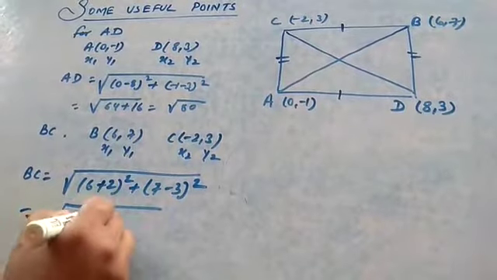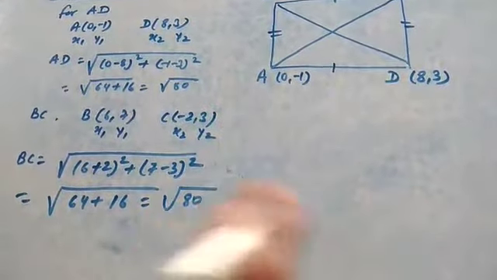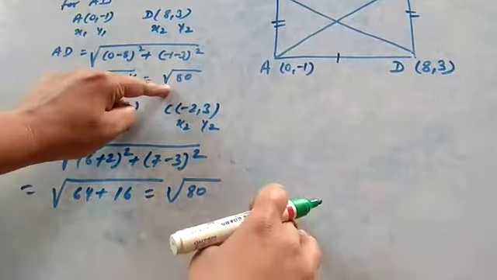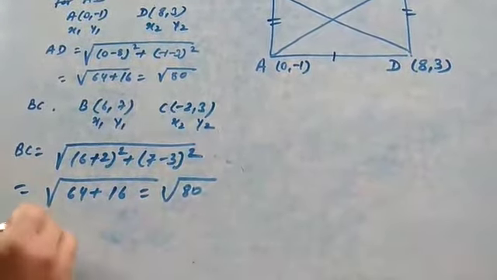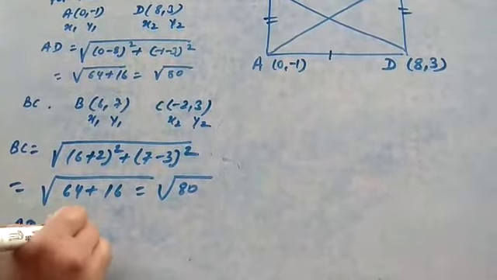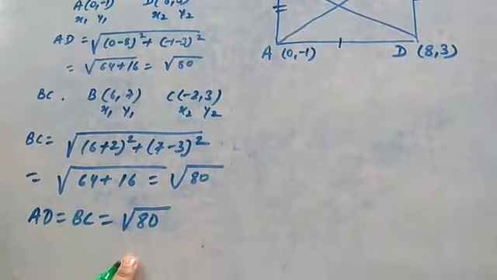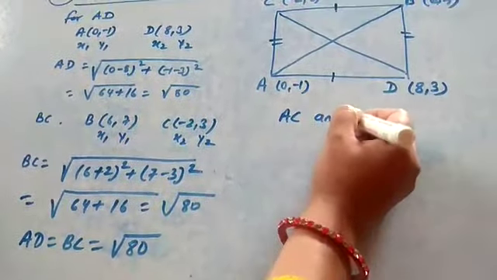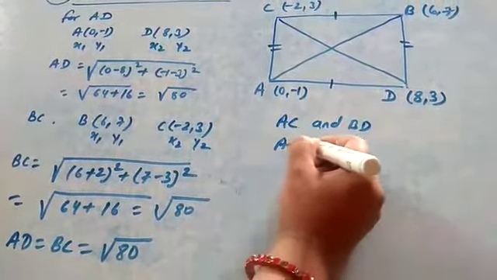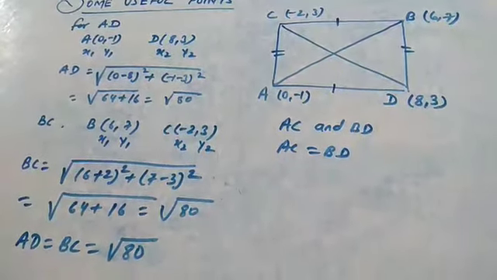So it will be 64 plus 16, it is also 80. So as you can see that AD and BC are equal to each other, AD equals BC equals root 80. In the same way, when you find the values of AC and BD, they will also be equal to each other, and the value of AC and BD will be root under 20.